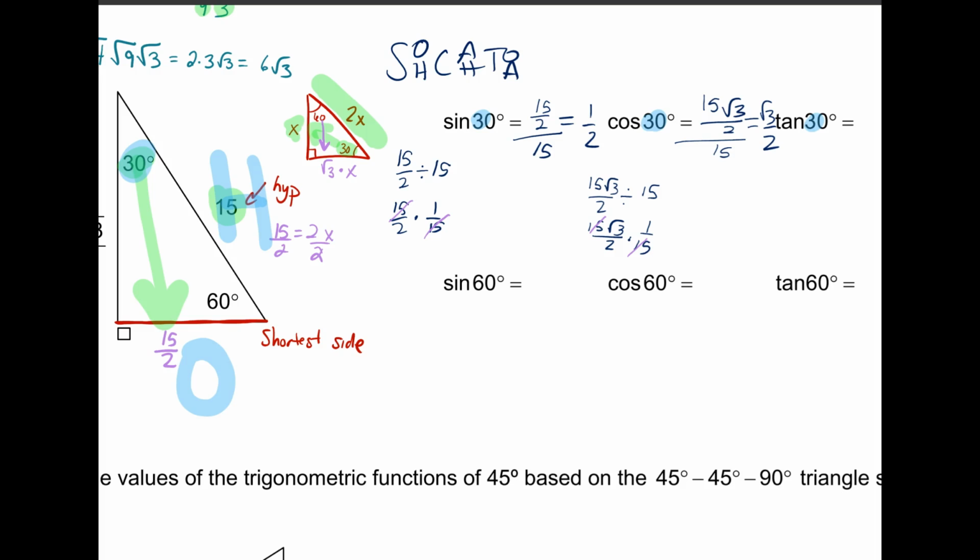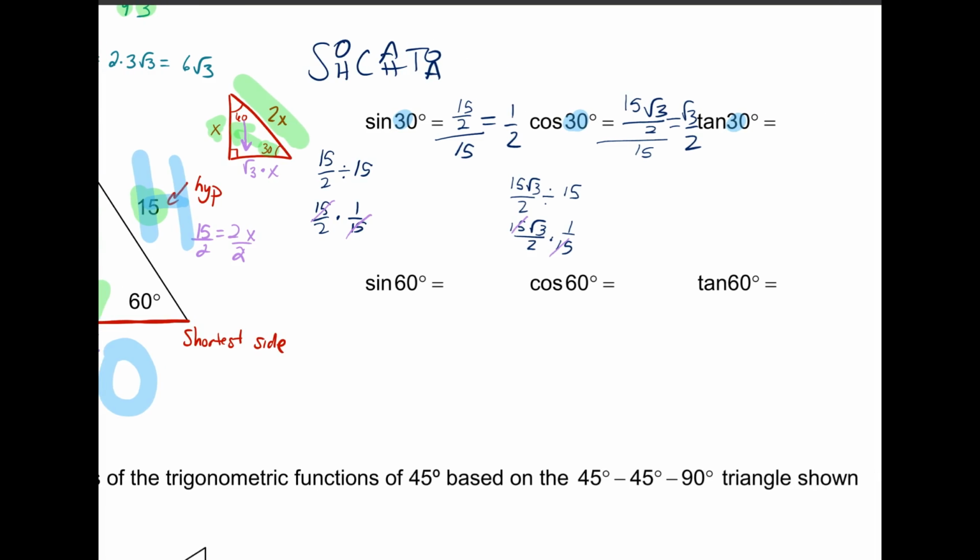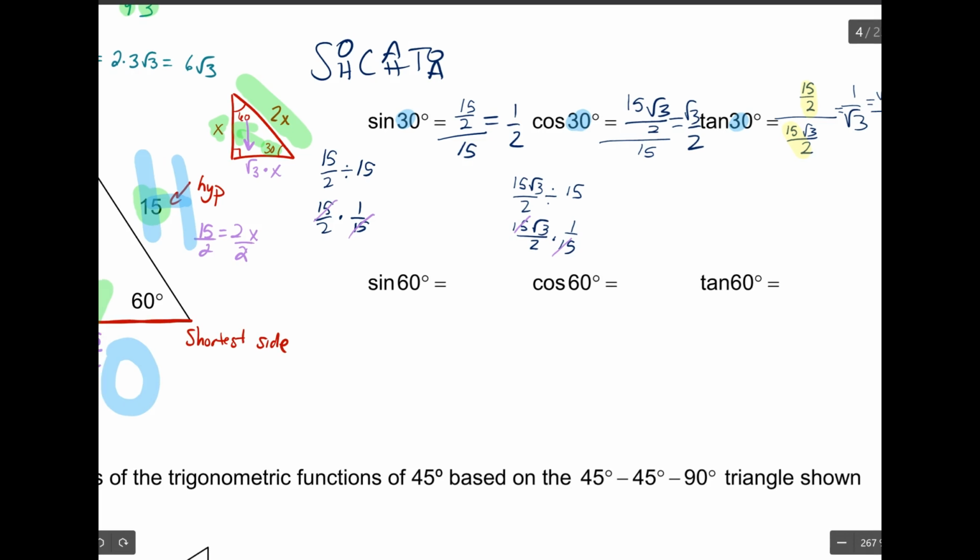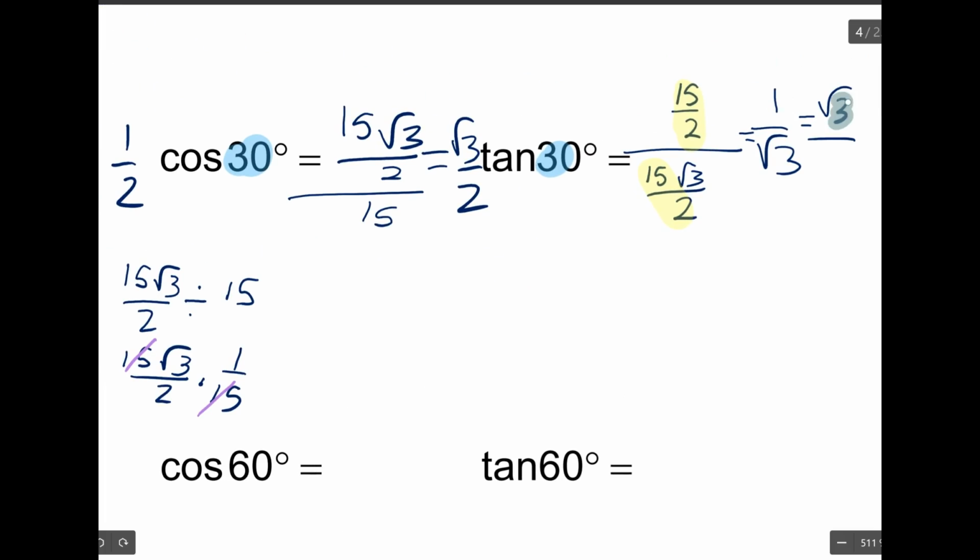Tangent is opposite over adjacent. So I have 15 over 2 over 15 root 3 over 2. I want you to notice it's 15 over 2 divided by 15 root 3 over 2. It's going to cancel out and be 1 over root 3, which we then have to rewrite as root 3 over 3.